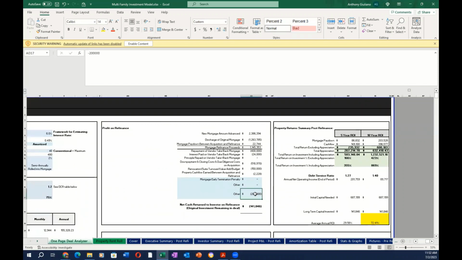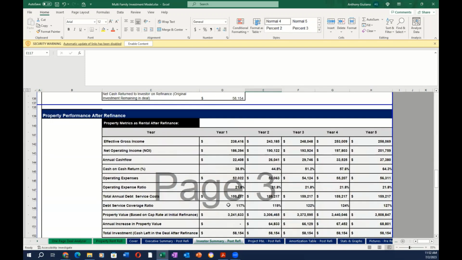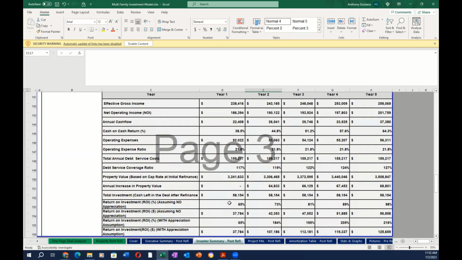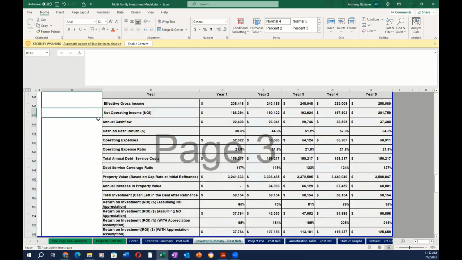I'm just going to zoom in on this section quickly, just to show you that we returned $58,000 to the investors, and then 5 years of projected returns on the deal. So quickly, these are what I would call the projected returns, what we think this property will actually return over that 5-year period. Effective gross income, showing how it's going to grow. Net operating income, how is that going to grow?